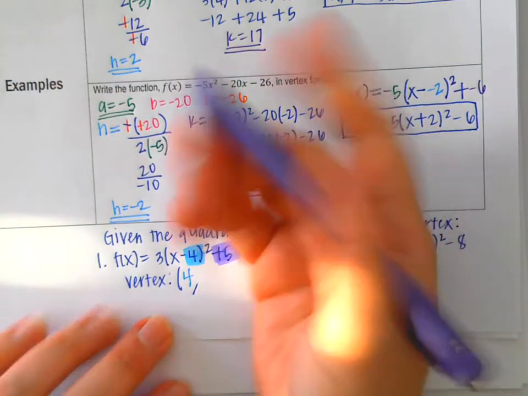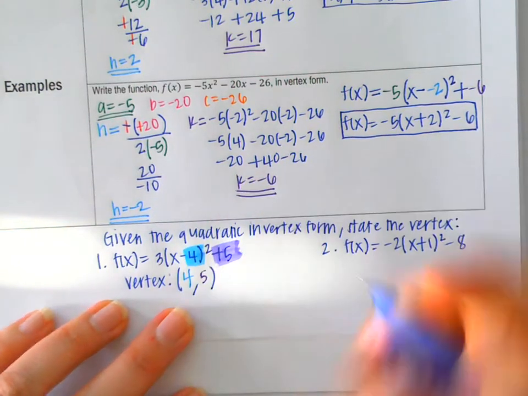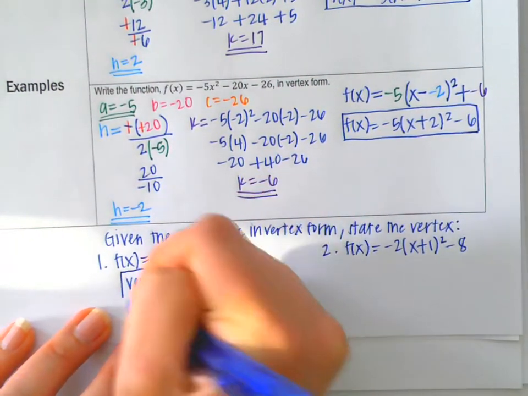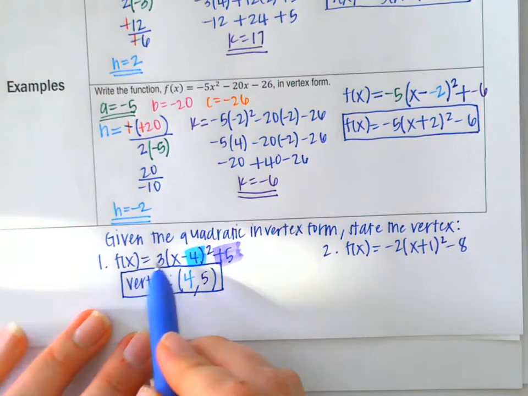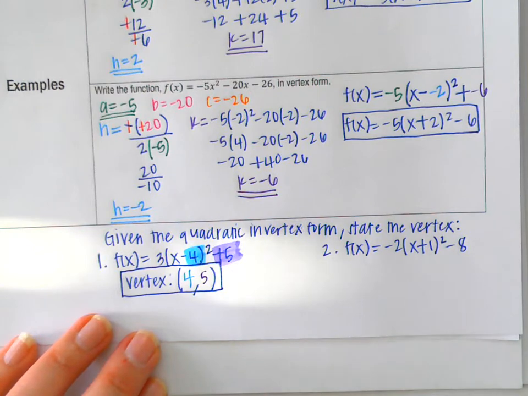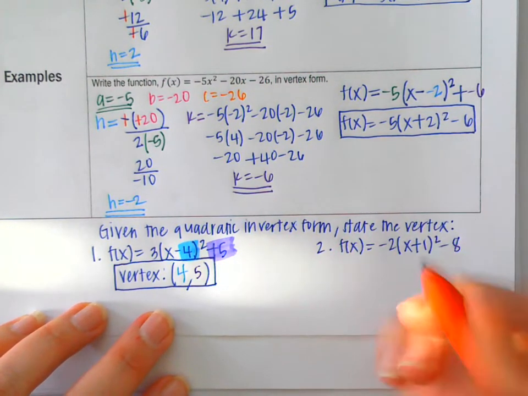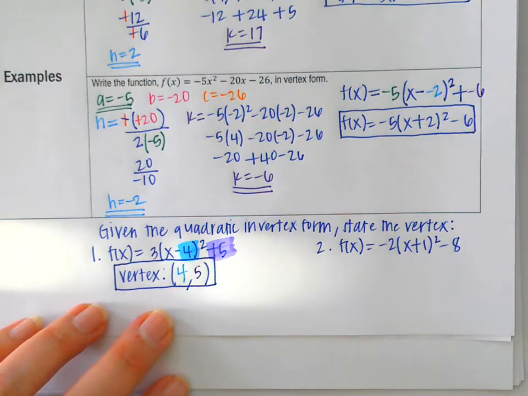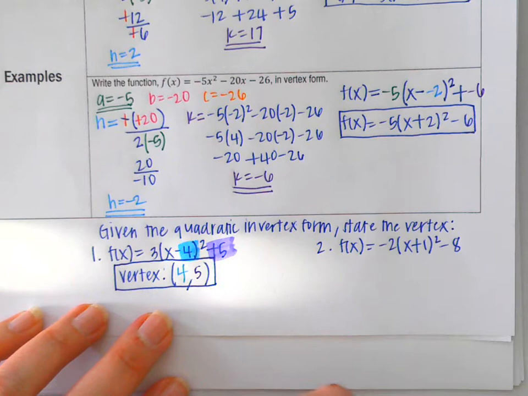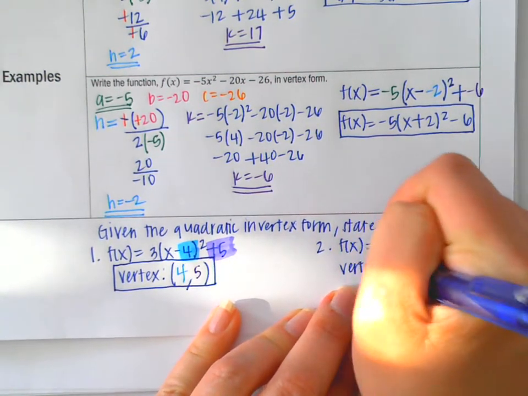So my vertex would be 4, 5. And that's it. I can also ask you, what direction does this parabola open? Just by looking at the a value, we know it's positive, so it opens upwards. So what I want you guys to do on your own, think about what's the vertex for number 2.